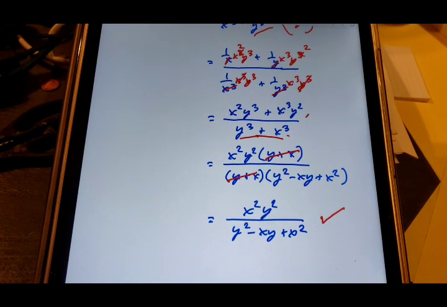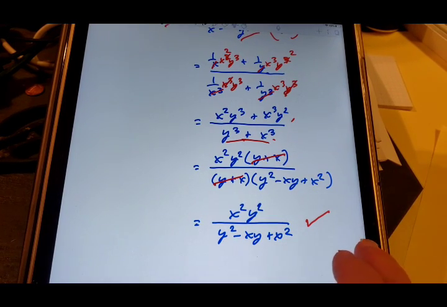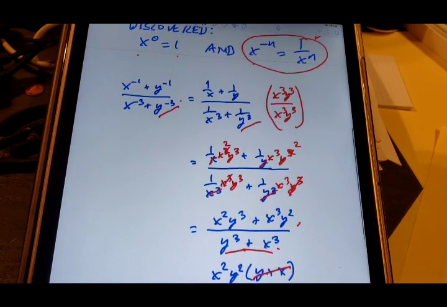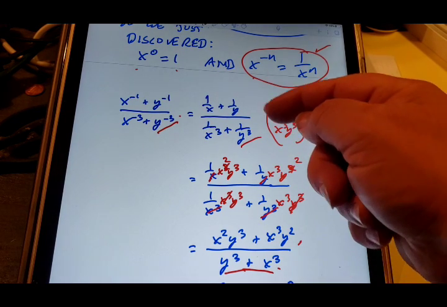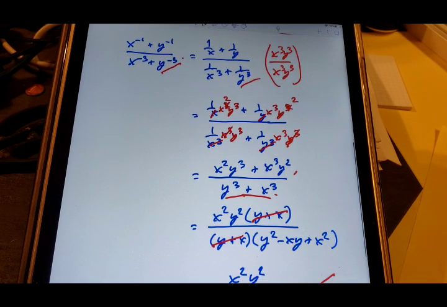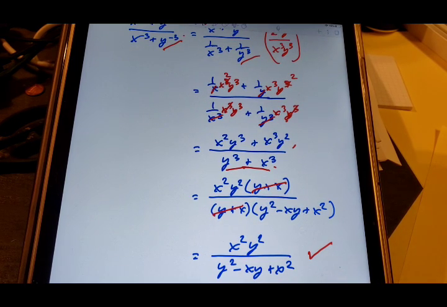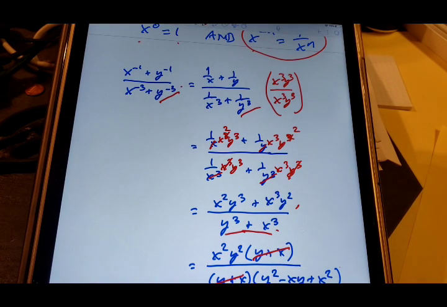But the ultimate goal is to get something that just looks like a fraction or simpler. There's never a reason to have a final answer that has 4 stories in it like this. All right, that is complex fractions, because they have a fraction inside a fraction, and that's section 5.3.